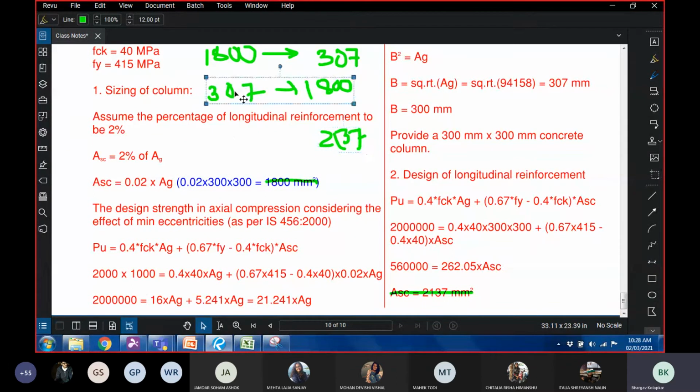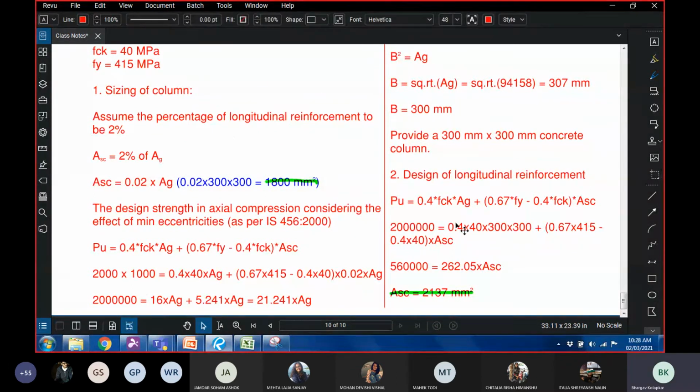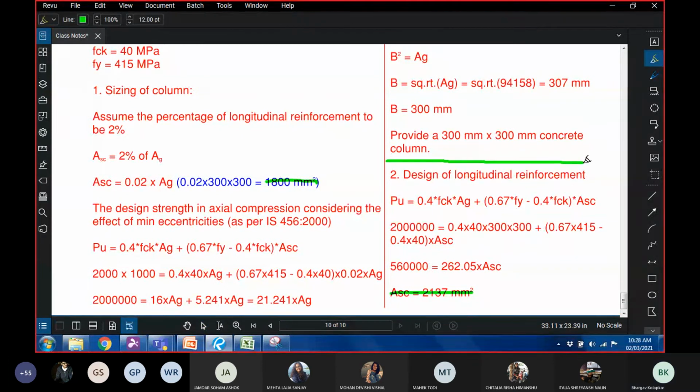So a common mistake again is, everything is correct up to this step. What a lot of students do after this is that they just say, okay, Asc is 2% of Ag, which is 0.02 times of Ag, and they calculate this value. So 1800 mm square.